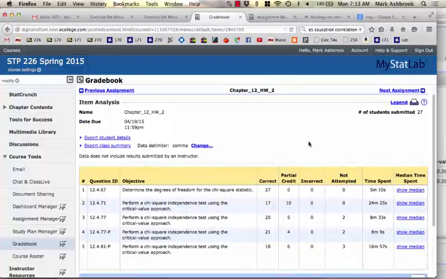So in the chi-squared, chapter 12, let's look at number 2.